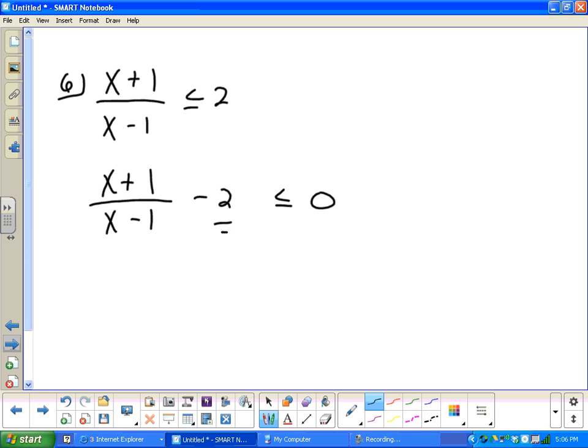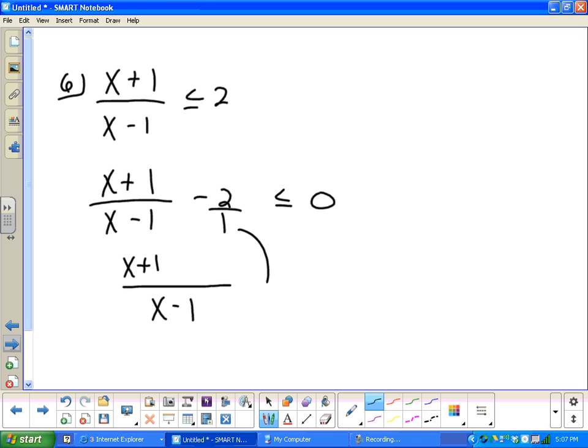You still now have this minus 2 over there, and so we have to combine what we've got right here by finding a common denominator to get a single fraction. So if I looked at this as like minus 2 over 1, then my common denominator would just be x minus 1. And so from there to there, nothing really changed, so we would just bring down x plus 1.